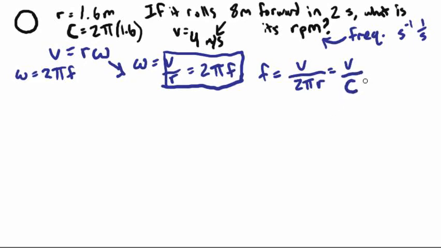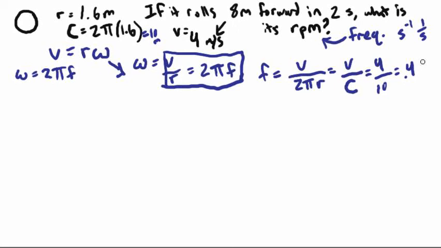Alright, so if I plug in these numbers, we already solved this: this is 4 meters per second. And my circumference, 2 times 3.14 times 1.6, is roughly equal to 10 meters. So 4 divided by 10 gives me 0.4.